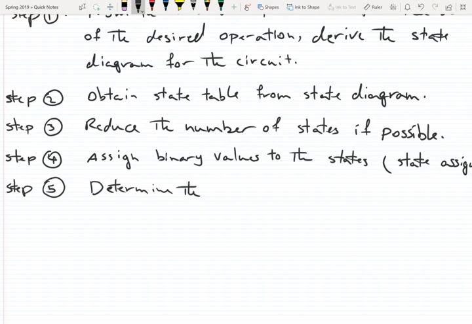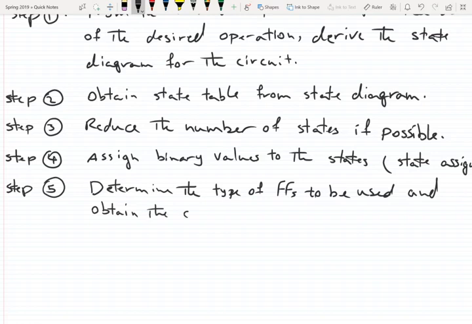Determine the type of flip-flops to be used and obtain the corresponding excitation maps or excitation tables.